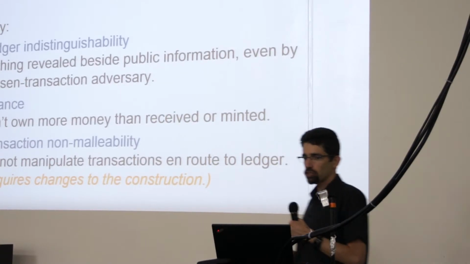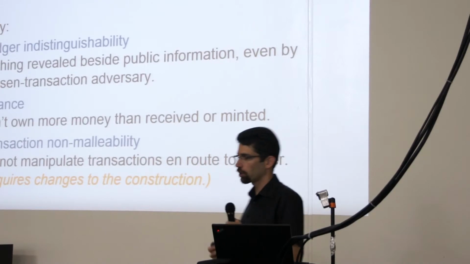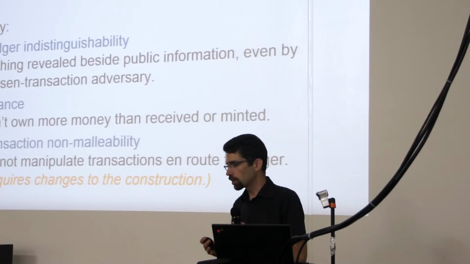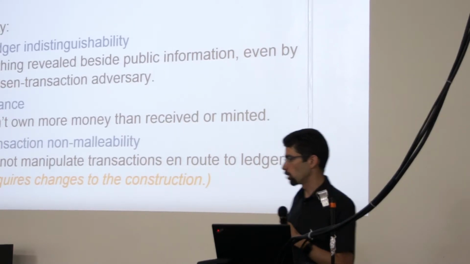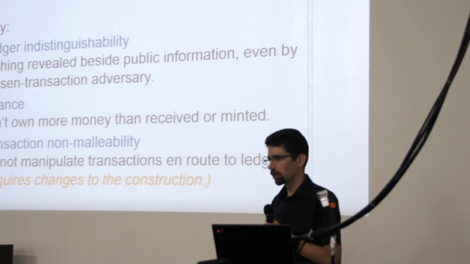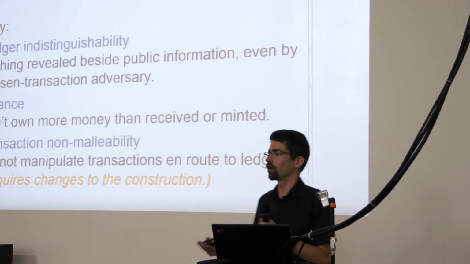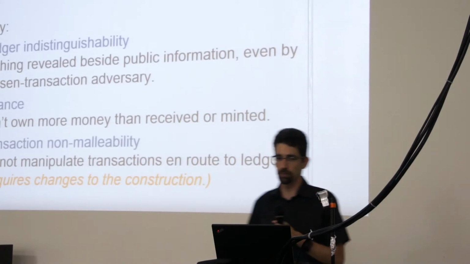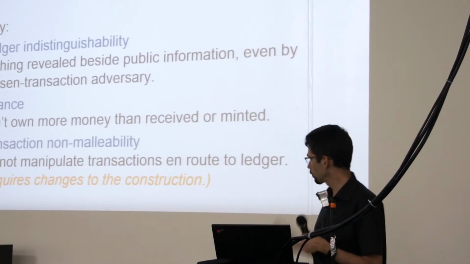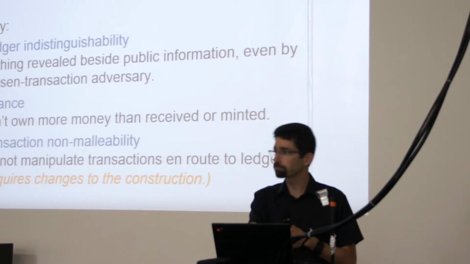And transaction non-malleability is a technical but important property saying that a man-in-the-middle attacker cannot intercept a transaction along its way to the ledger and corrupt it to change its value, for example, to have the public value sent to the attacker instead of its rightful destination. That, as you saw earlier, requires some extra machinery in the transaction.